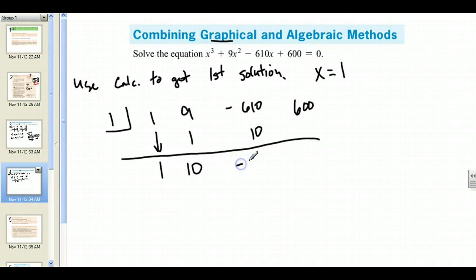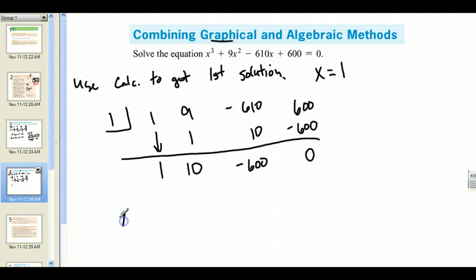Add these together, I get a negative 600. And then 1 times negative 600 is negative 600. Add these together, we get a 0. Again, if this is a solution, this should always be 0 here. I'm sorry, these are the coefficients of the other factor that's a degree less than this.